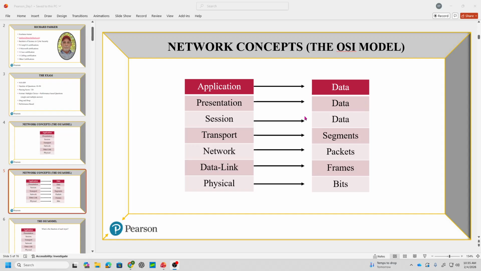When we get to the transport layer, or layer 4, they're called segments, because at this layer it's going to break it apart and begin to break it into smaller portions that can then be packaged up and sent across the network or internet. At the network layer, this is our IP layer, where IP addressing lives, routing takes place, and we call these packets.